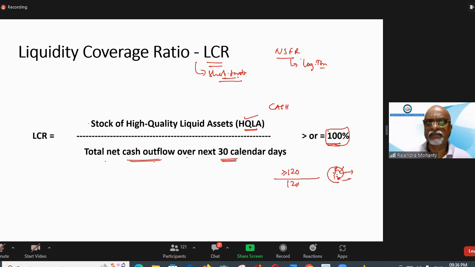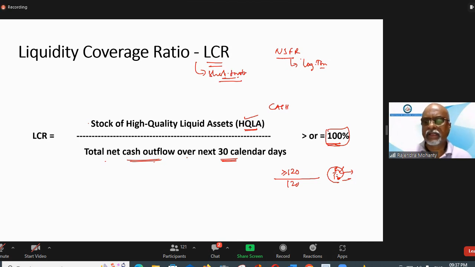That means the stock of HQLA would enable the bank to survive until the 30 days stress period. The logic behind the 30 days is that at the end of that period, it is assumed that appropriate corrective action can be taken by the bank for the next 30 days to control the crisis.